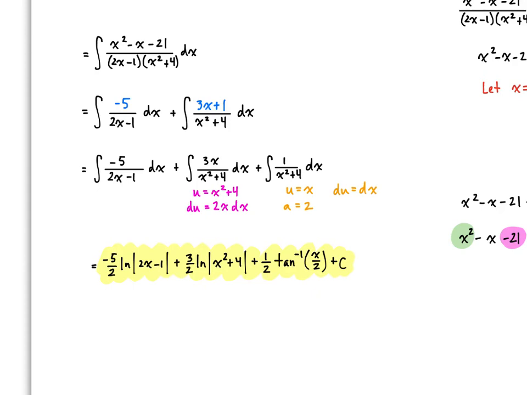One last thing is that I can break this one up into two fractions as well by splitting up that numerator. So we really have these three integrals. This middle one is just a straight u substitution where u is x squared plus 4, du is 2x dx, so that works out nicely.